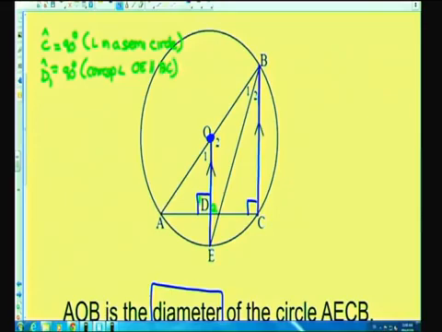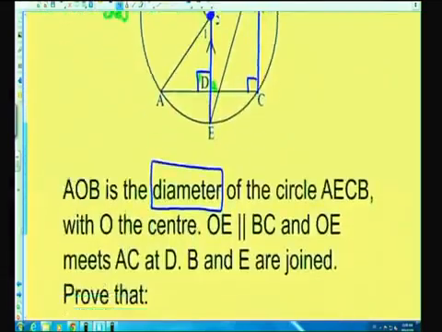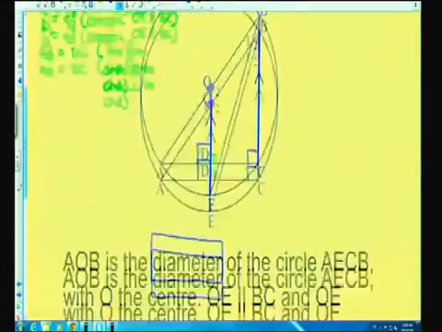So in the light of that, we can now say that AD equals DC, and the reason for that is we can say that a line from the center is perpendicular to the chord. And I think that's what you were asked to prove. Let's just go back and make sure. Yes, AD equals DC.